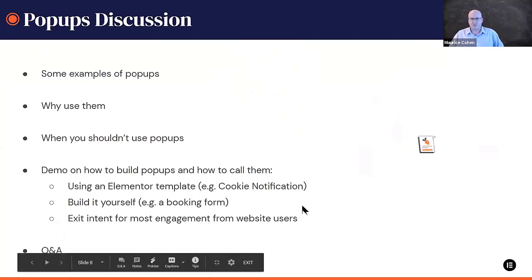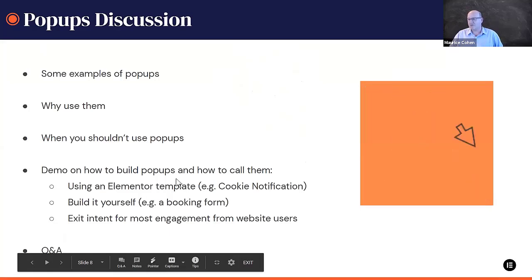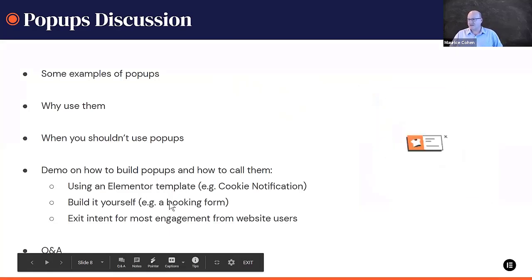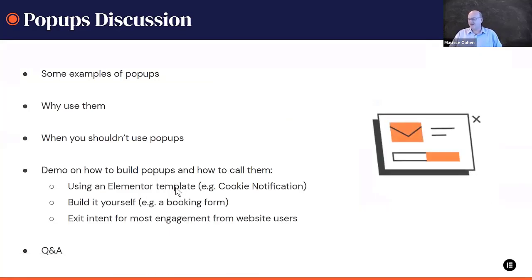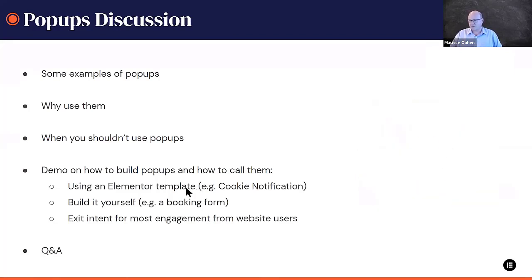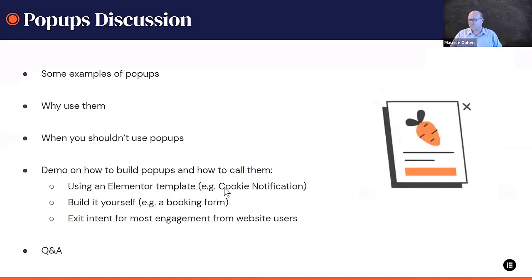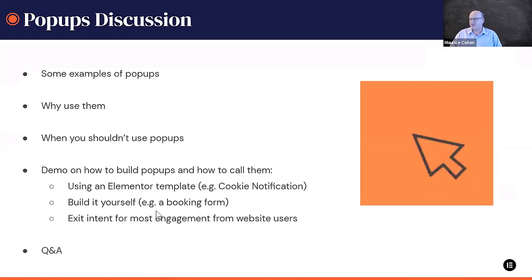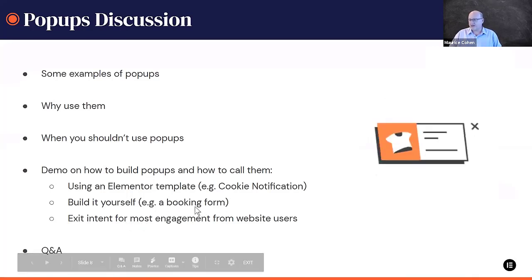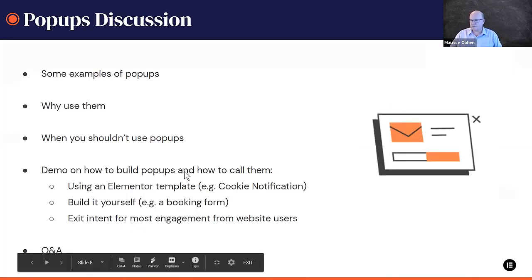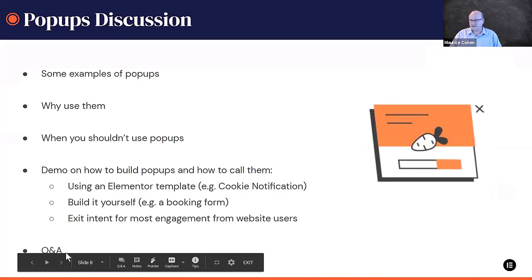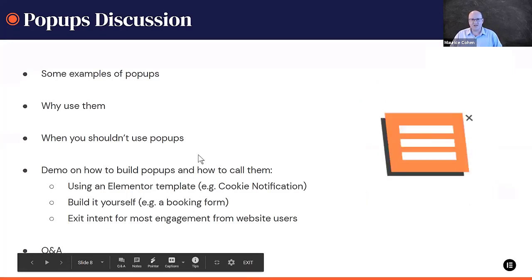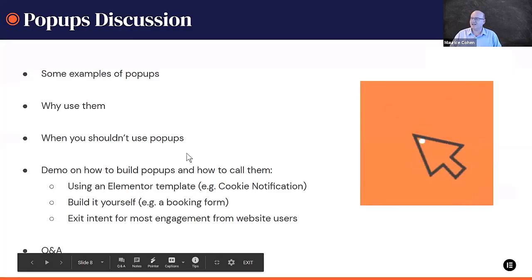I've got a couple of examples of good ones and bad ones, and then I'm going to quickly create 3 pop-ups: one using a template, which is great for beginners, one to build yourself, and one to show an exit intent and how that all works. And yes, Q&A after that, but no difficult questions, hopefully.